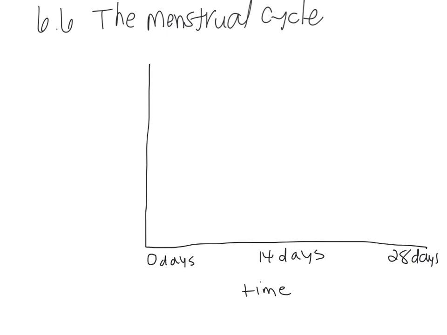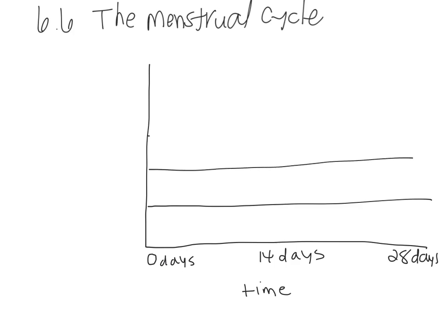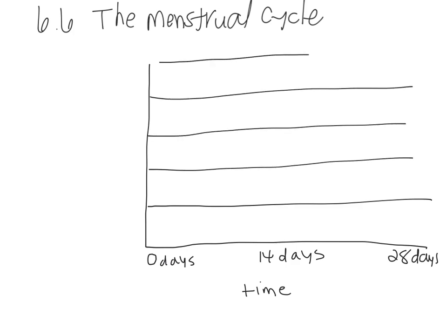Now, we're going to be looking at this in terms of a few different processes, so I'm actually going to split this graph up into fifths so we can track what's going on with 5 different processes.